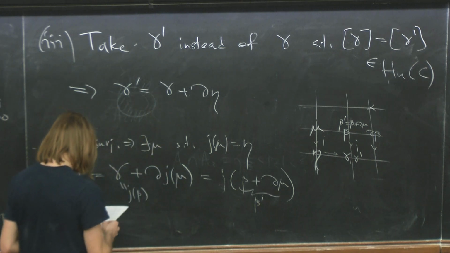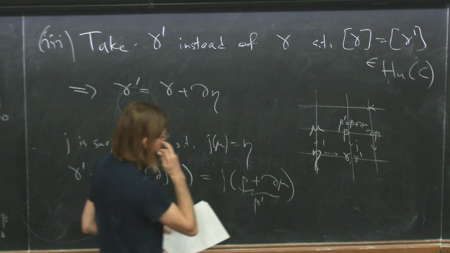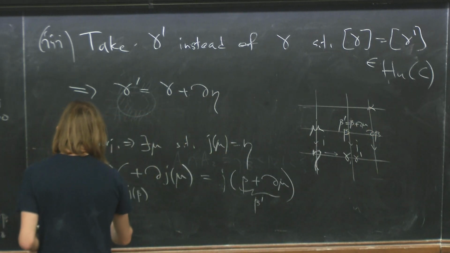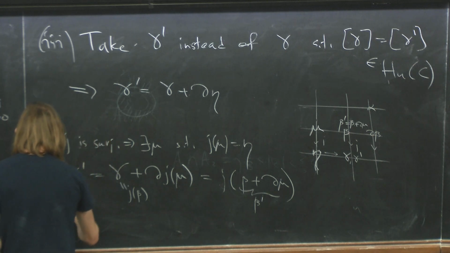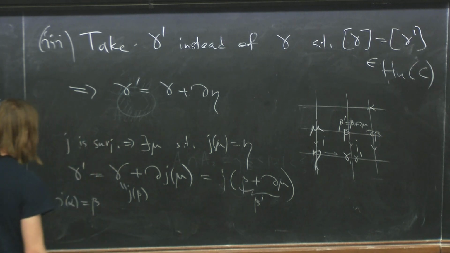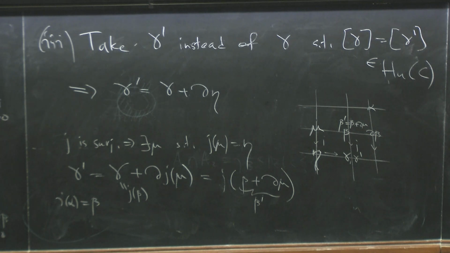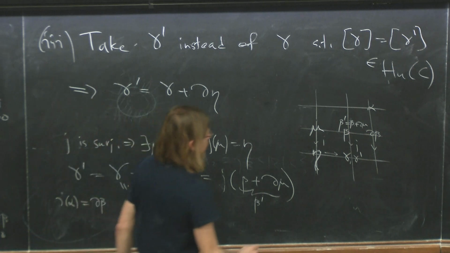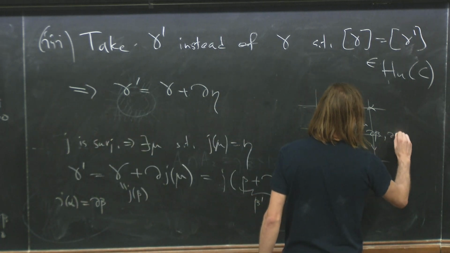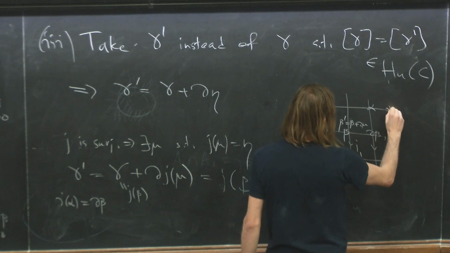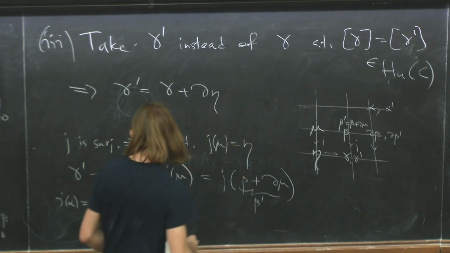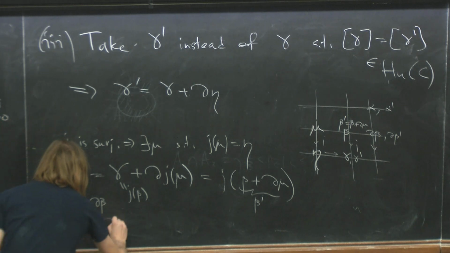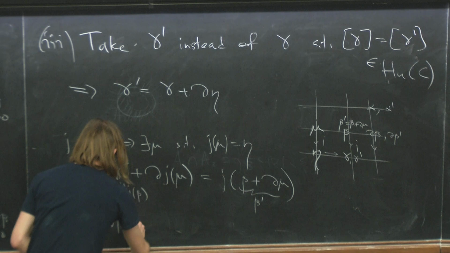But we need to check how alpha changes here. So our original alpha was determined by this equation, that it was the preimage of d beta. And so here we have d beta prime as well, and it will have some preimage alpha prime. I of alpha prime is d of beta prime.